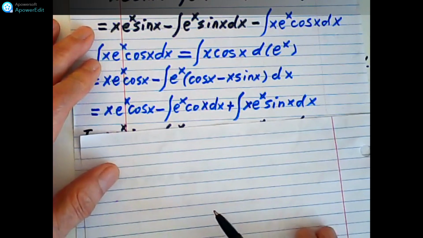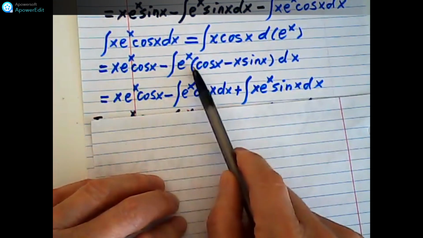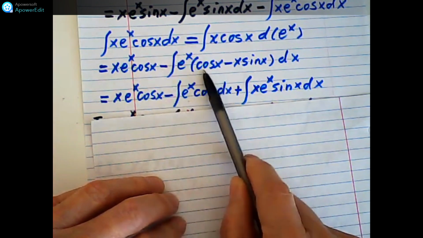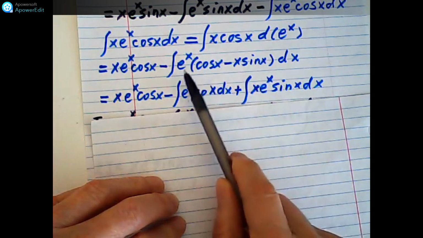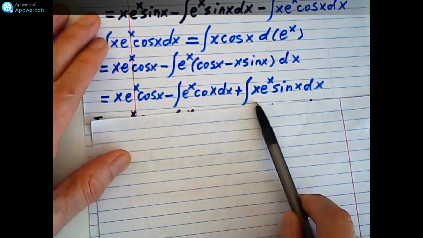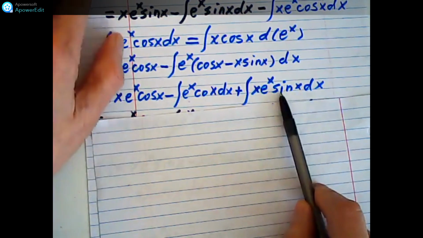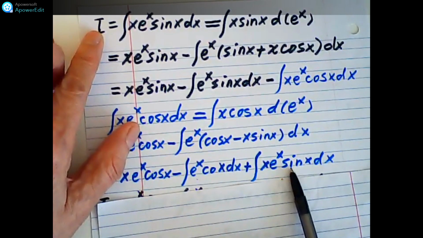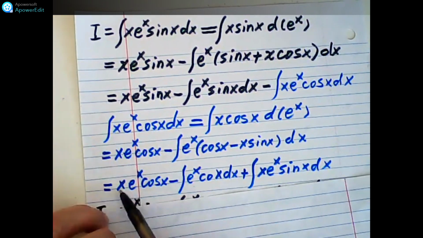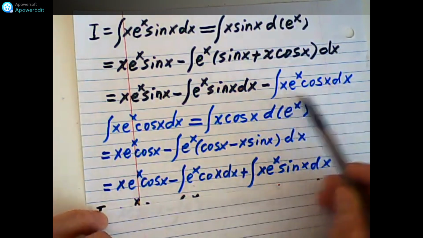Now, then this is this integral plus this integral. Okay. Now this integral is I. This is my original integral I, right? Therefore, I plug this back to here.